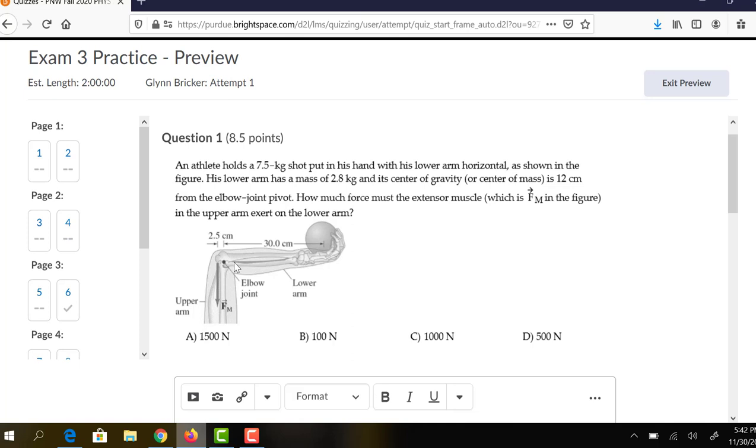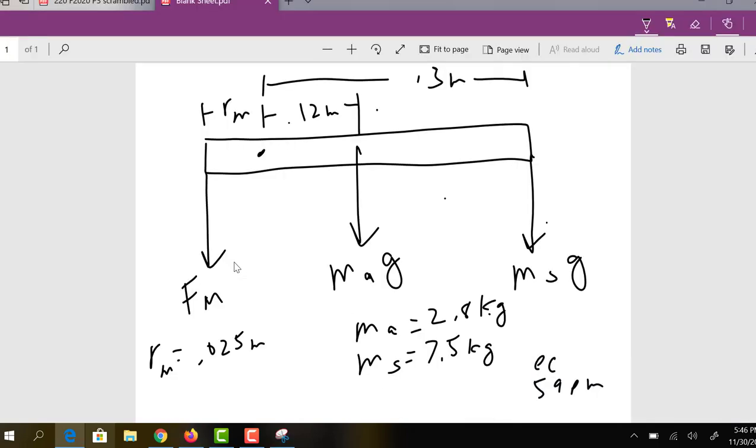I'm going to do this on a piece of paper, actually, and then show you how you can upload the image. So here's a little bit of a sketch of it, not drawn to scale. Here's where they're telling us the center of mass of the arm is, 12 centimeters from the pivot point. The shot put is 0.3 meters over to where it's located.